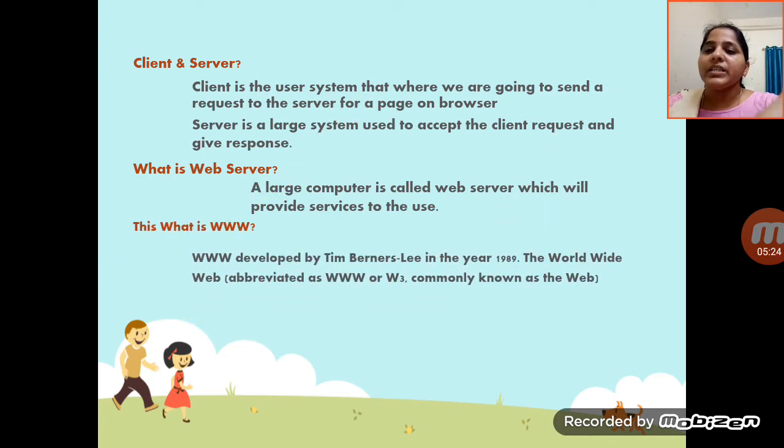And then, what is WWW? WWW is the World Wide Web, developed by Tim Berners-Lee in 1989. The World Wide Web is abbreviated as WWW, or W3, and is commonly called the web.